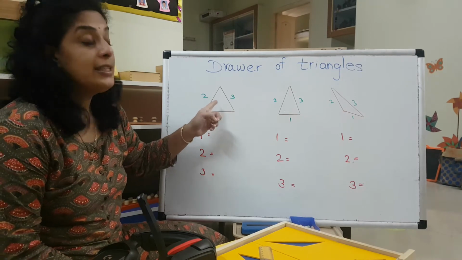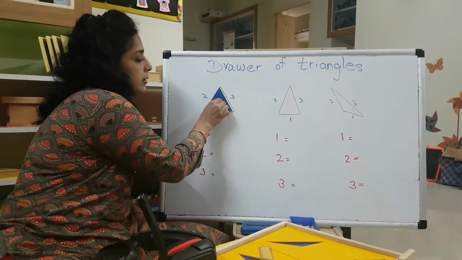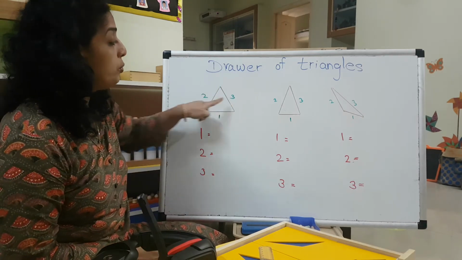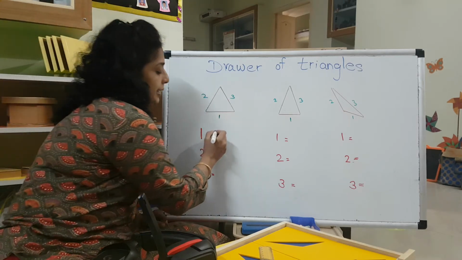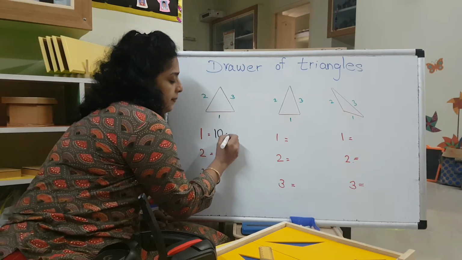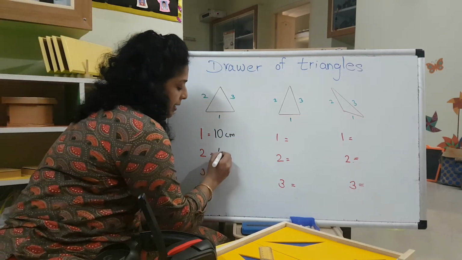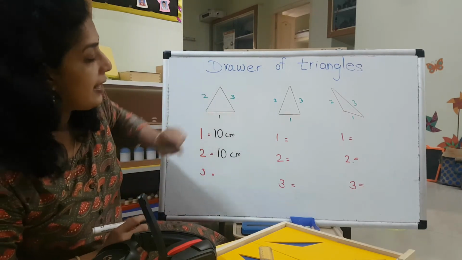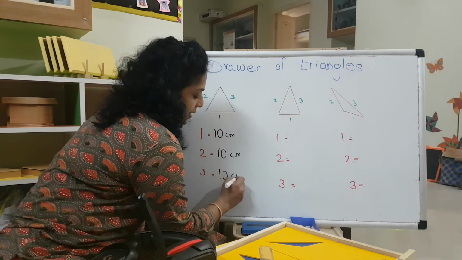So this is your equilateral triangle. See, it fits perfectly into it. And we measured that it has 3 sides, and the first side measured 10 centimeters, the second side measured 10 centimeters and the third side also measured 10 centimeters.